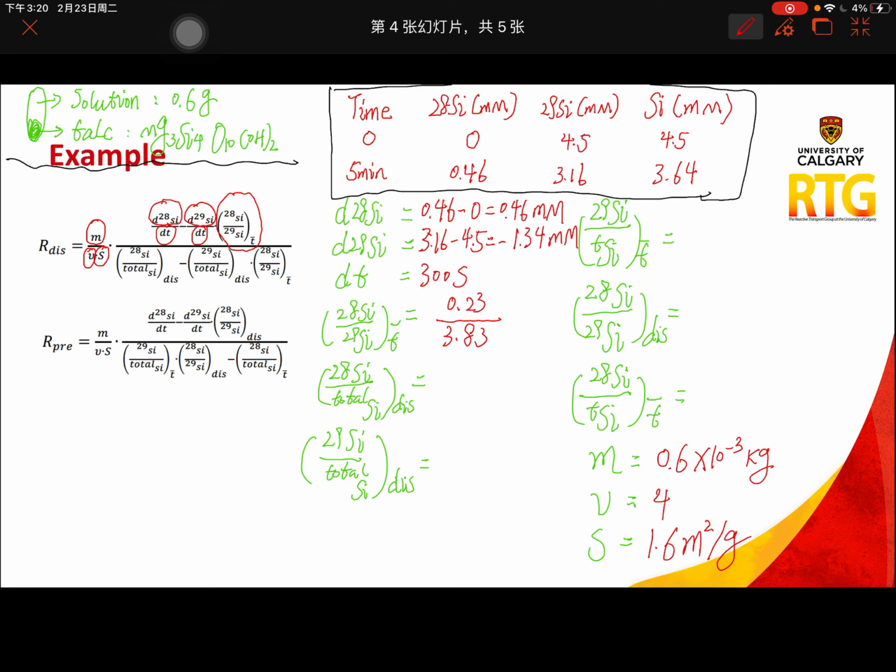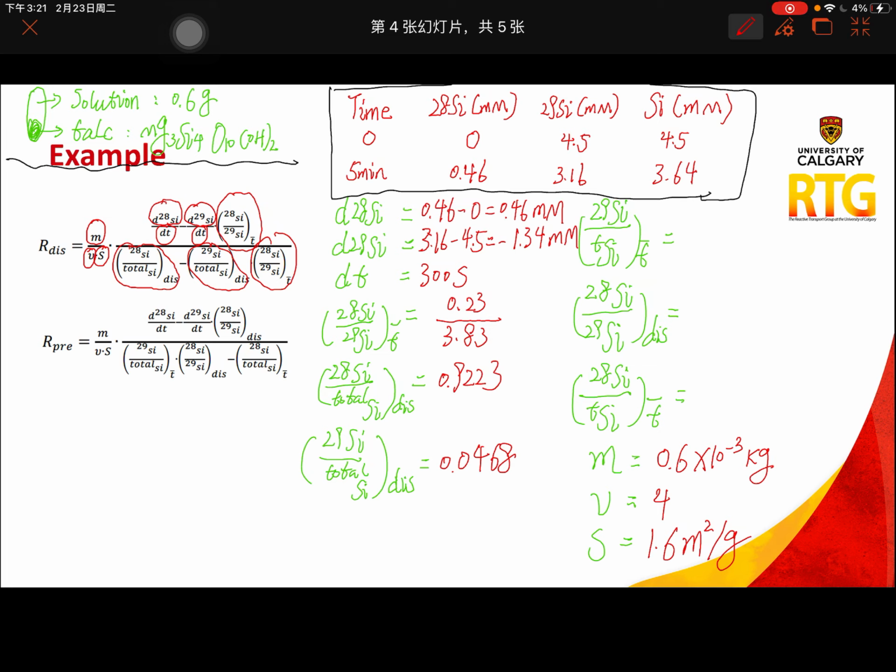So we got this. And the fraction of 28 in the solid is 0.9223, and the fraction of 29 in the solid is 0.0468. So we also got this.